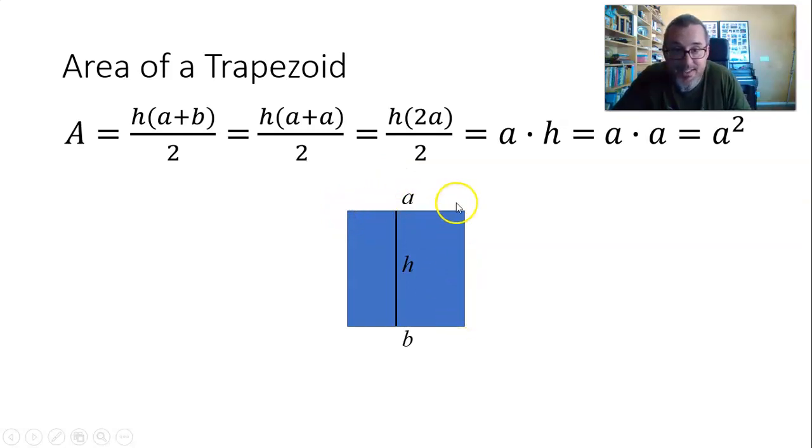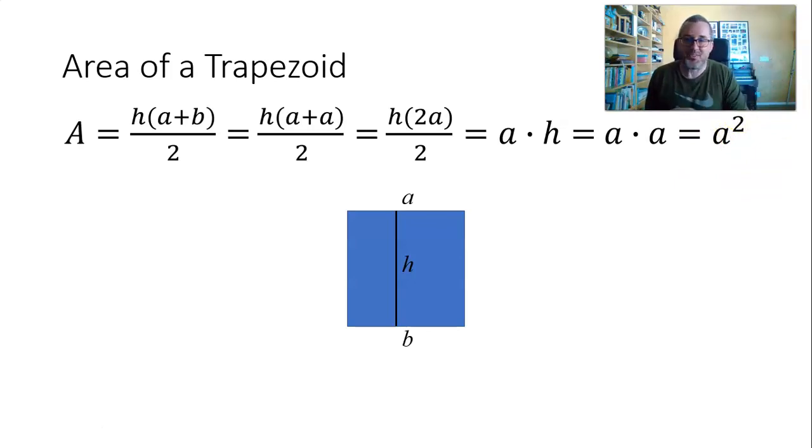So the area is a times a, to the second power. We say a squared. The reason we say a squared, with a power of 2, is because it geometrically connects to the area of a square. So we start with the area of a trapezoid, and we get to the traditional formula for the area of a square, a squared, the side length squared.